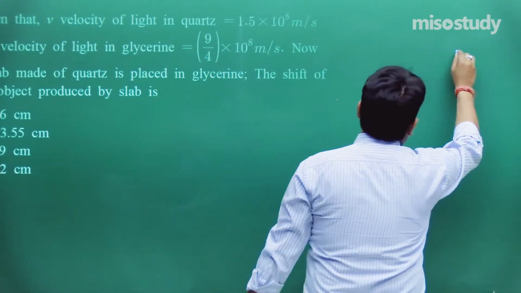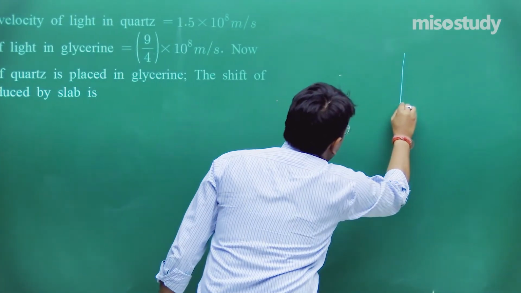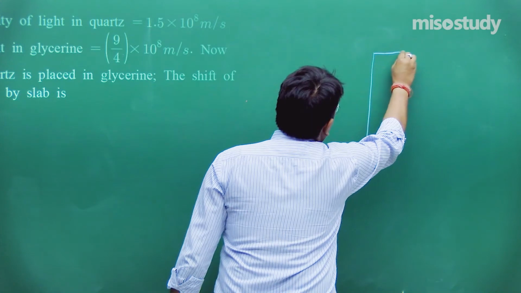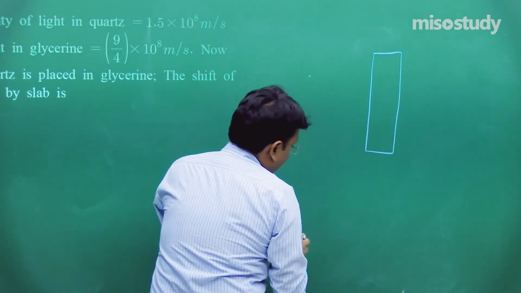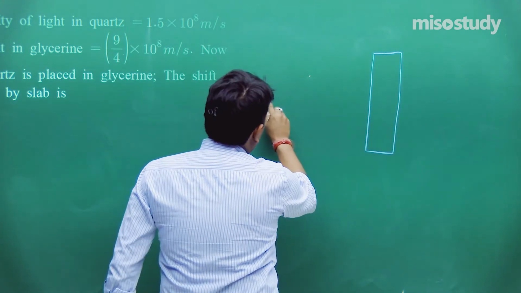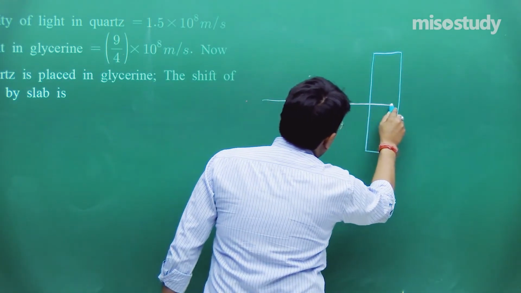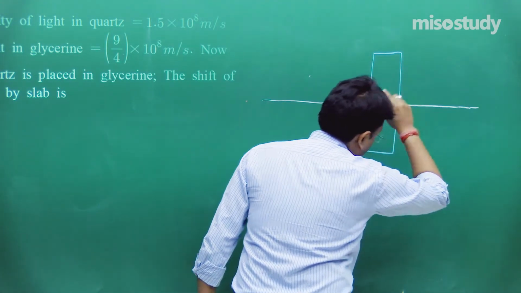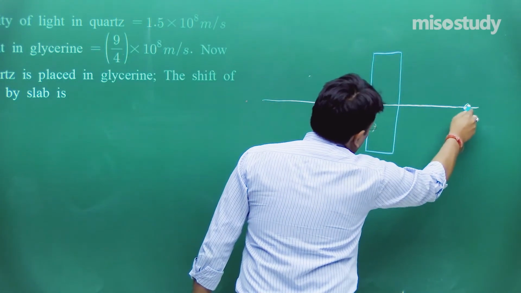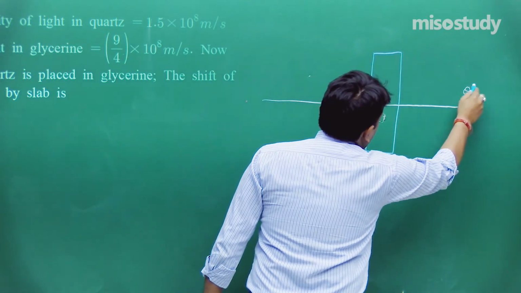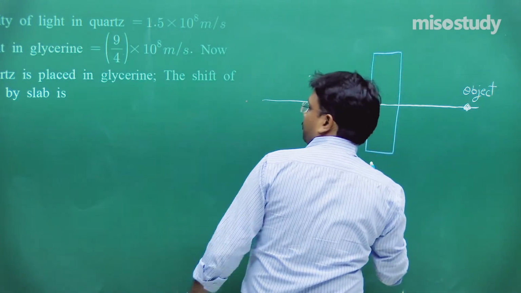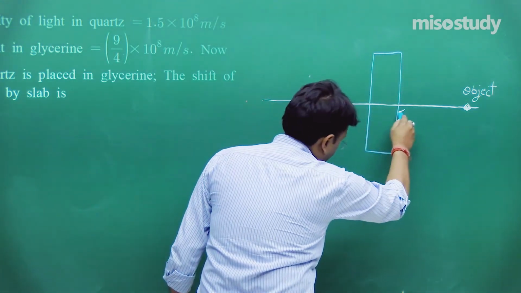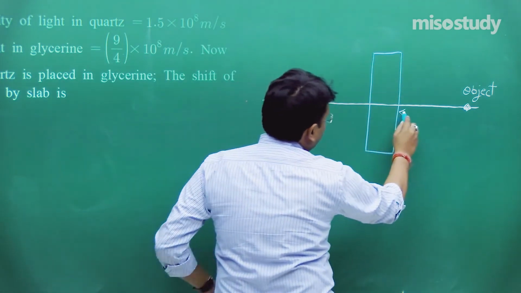As per this question, here I am drawing a diagram. This is a quartz slab. Fine, that's why I am using a different color. Then this line, it is the object, and this distance is 20 centimeters.